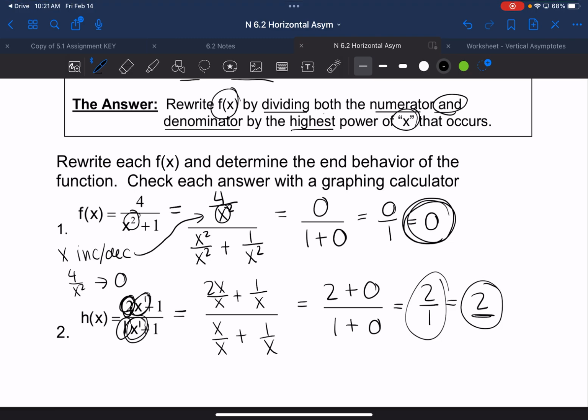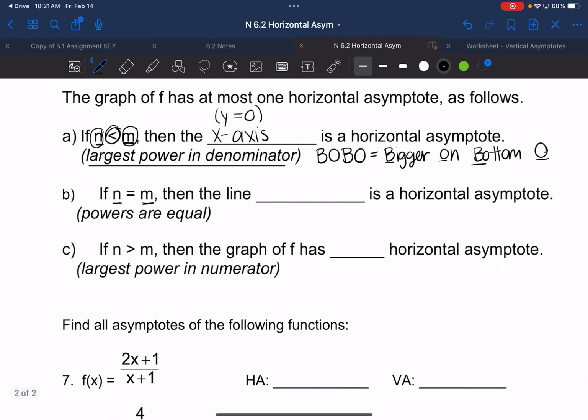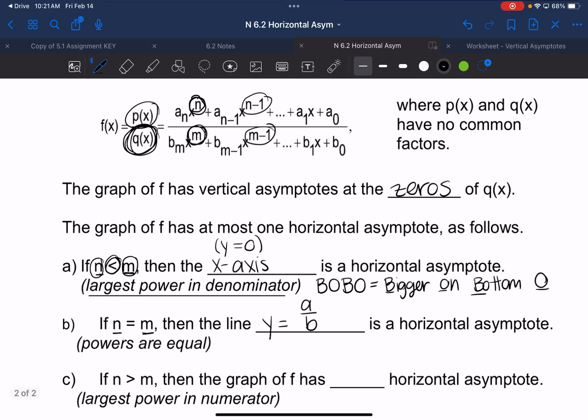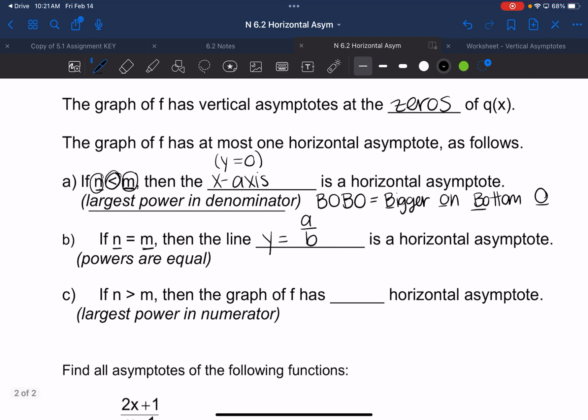So if the exponents are the same, then your horizontal asymptote line is just going to be whatever the top coefficient is divided by the bottom coefficient. I used A and B because that's what they used here. They used the letter A and B as coefficients in this equation.